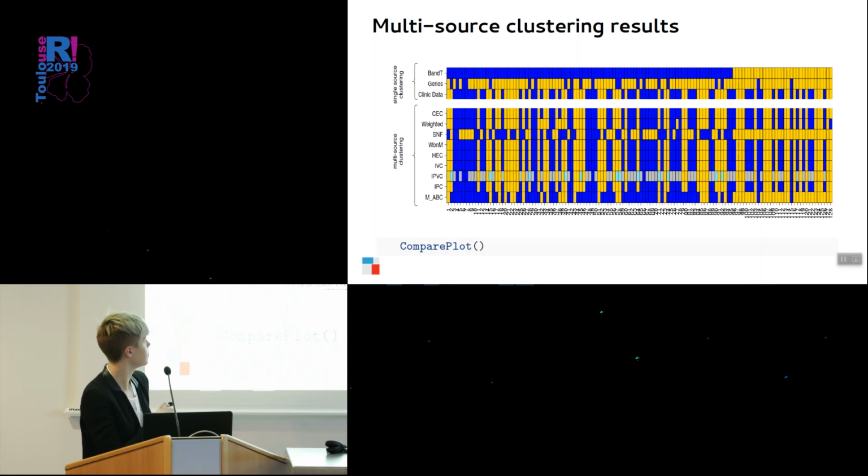But we see here that the multi-source clustering procedures, and especially our MABC method, is doing a quite good job of refining the leukemia types as they were actually found by the physicians, by other determinations and other tests.